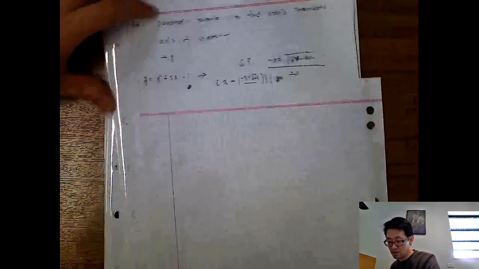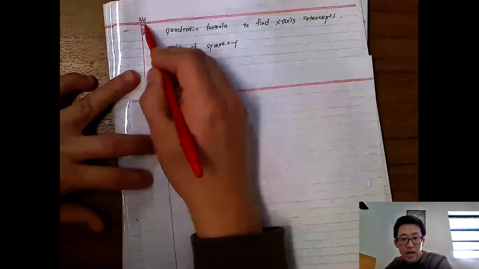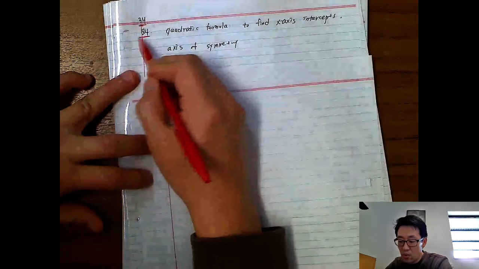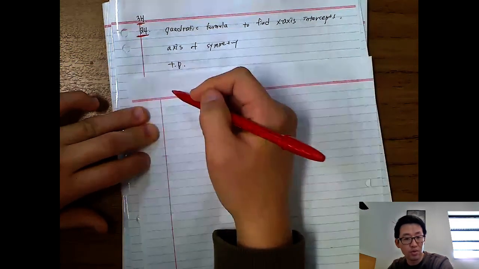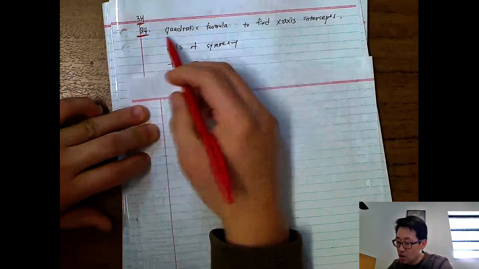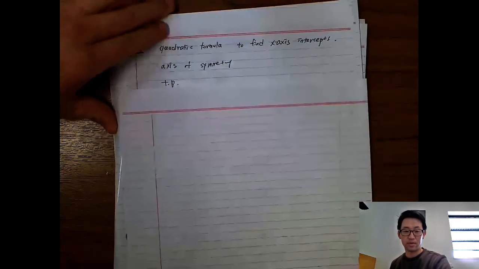Next one is here. Let's look at that. 3H question 4. There are more questions there, but I will cover one question with you. That sounds okay? Yeah. Quadratic formula to find. You have to follow the steps. Okay? You have to follow the steps.